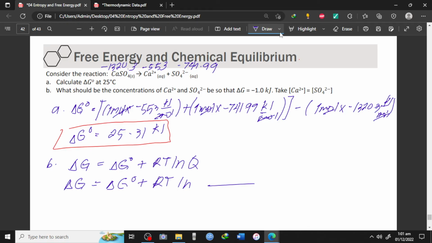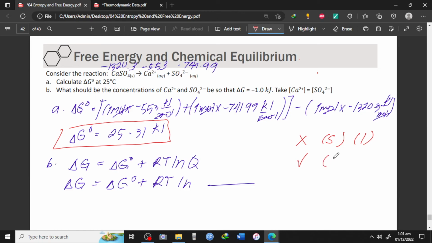So, hindi natin pwedeng gamitin or hindi natin sinusulat si solid and liquid, pero pwede natin gamitin si gas and si aqueous. Anong meaning ulit ng aqueous or AQ? Meaning natutunaw siya sa tubig, kaya siyang matunaw sa tubig.